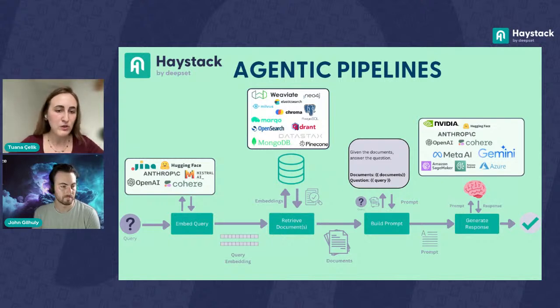So we have a bunch of embedding components that can embed queries with different model providers, retrieval components that can interact with different vector stores, ways to design and customize your prompt or instruction, and so on. So as you can see, usually any AI application has multiple steps working together. And this is where tracing comes in, because we want to be able to make sure what's coming out of each step, whether we've done the right thing or not.